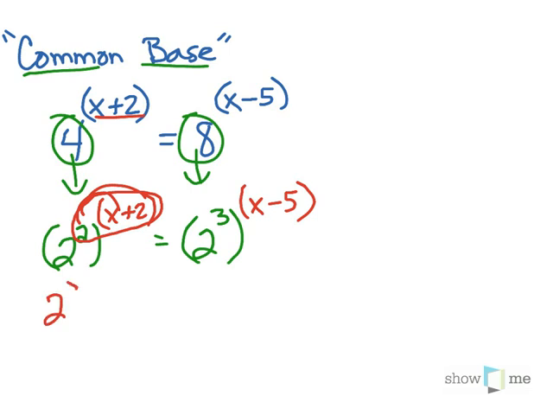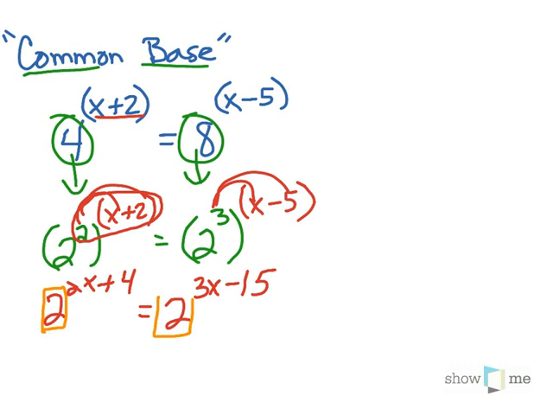So this is 2 to the 2x plus 4 equals, let's do the same thing over here, 2 to the 3x minus 15.